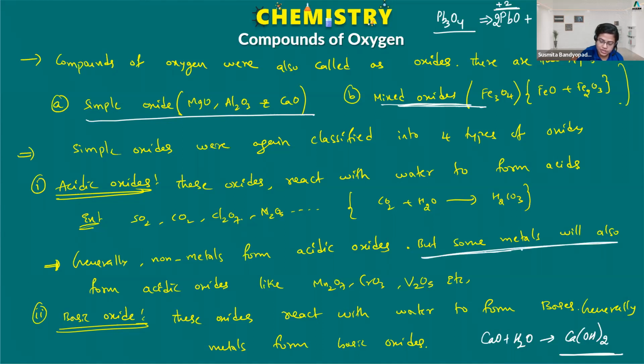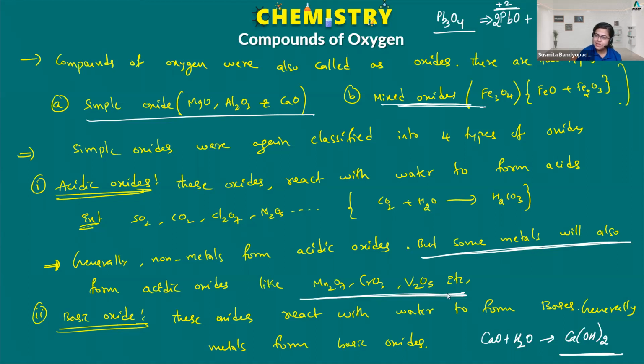Except, as I told you, when it comes to the D block, all the things don't behave in a similar way. That's the reason we studied blockwise. Though we agree that generally non-metals form acidic oxides, there are certain metal oxides of the D block. We'll study the D block. Manganese, chromium, vanadium: these are metals.